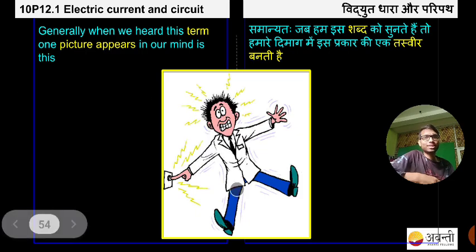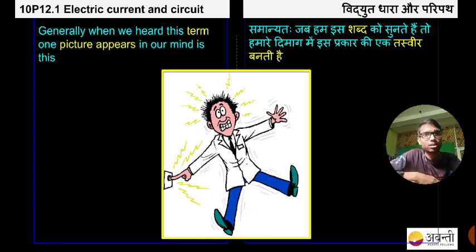Electrons are moving, that is a current. Electrons will be moving, will be current. This is what the current is. Generally, when we hear this term, one picture appears in our mind. Is this it?